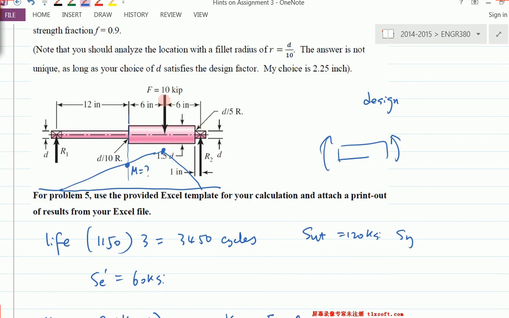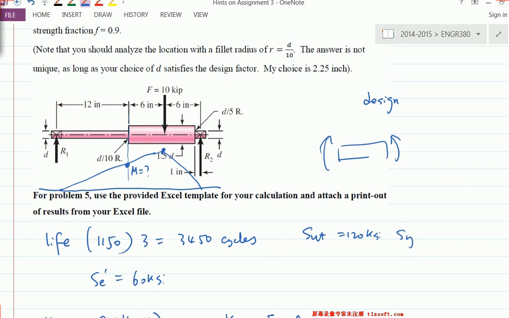The moment generated by force F at this location should be equivalent to the moment generated by R1. In other words, this force times this distance should be the same as R1 times the whole length.